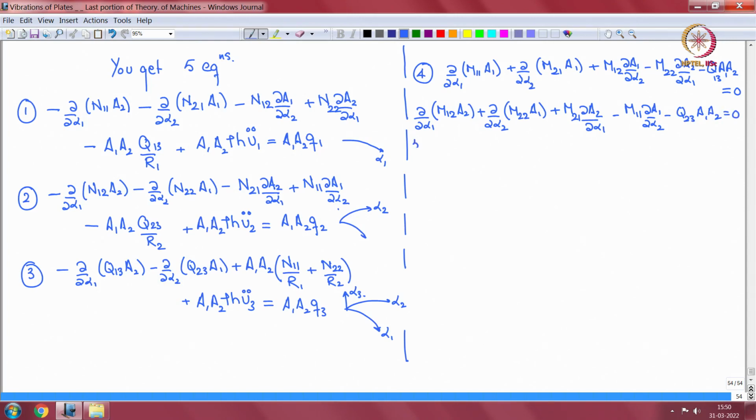This is the fifth. So those are the other 5 equations, okay.